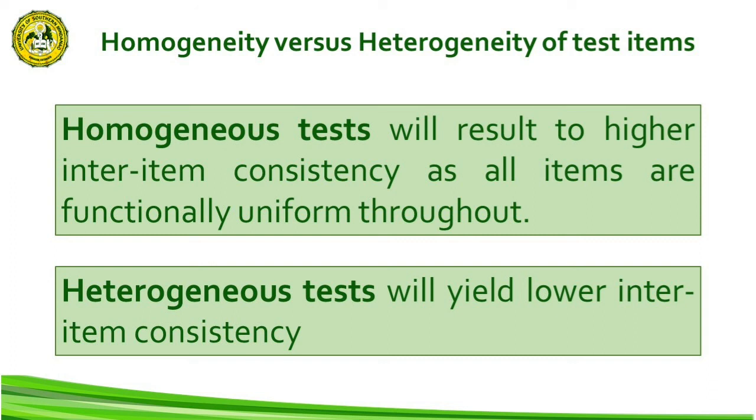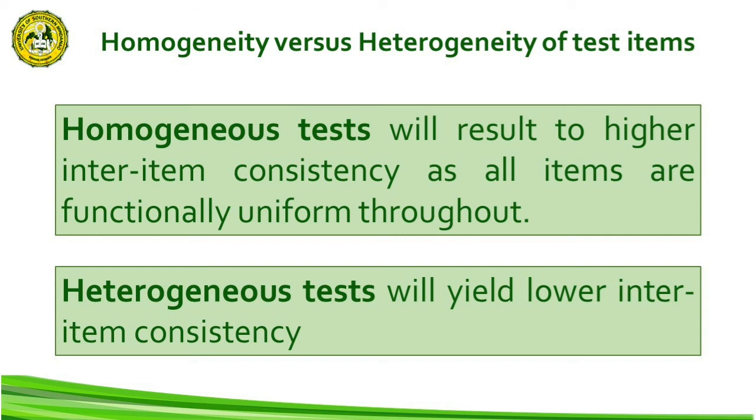So example, yung test mo will be using a scale. So for example, yung life satisfaction scale, yun yung test mo, yun yung instrument mo na gusto mong i-test. So uniform dapat yung kasi uniform kasi nga life satisfaction lang naman. Anong gina-measure ng life satisfaction?